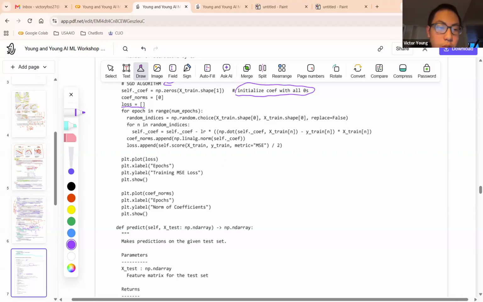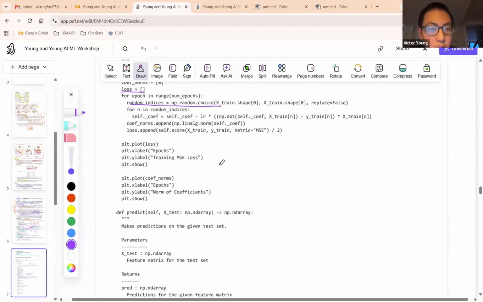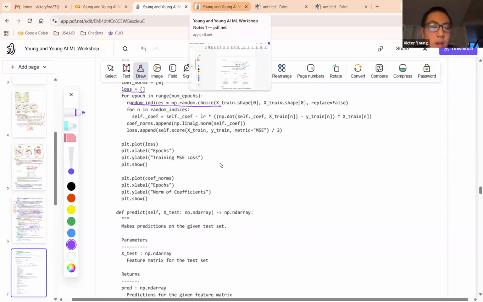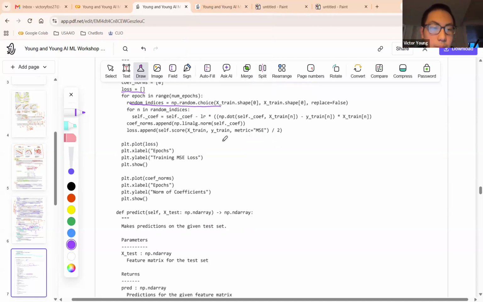First, we shuffle. Because in stochastic gradient descent, if we don't shuffle, then the first sample will affect it in some way, and the second sample will affect it in some way, and the third sample. We should shuffle it to be more representative. So you can see here what we're doing.